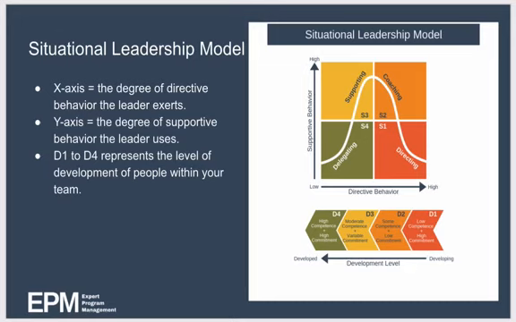The higher the support, the more the leader helps their team to make decisions and perform their job or their role. And at the bottom of the diagram here, you can see D1 to D4, and that represents how well developed, how skilled, and how motivated a team or an individual is, with D1 being the lowest level of development and D4 being the highest.